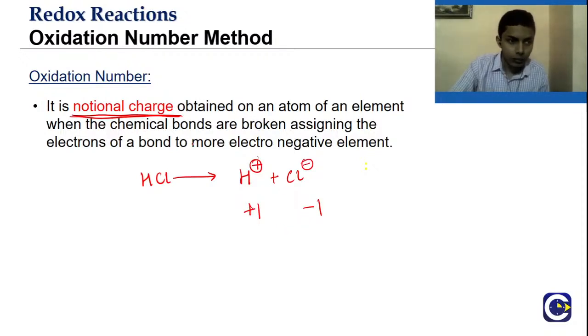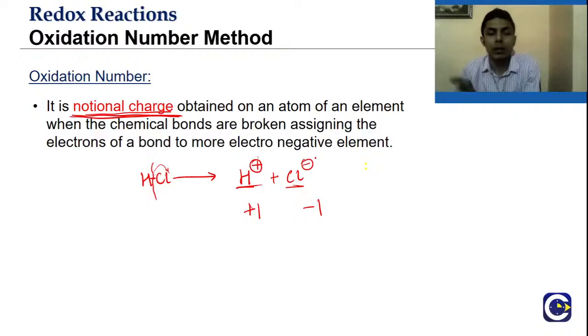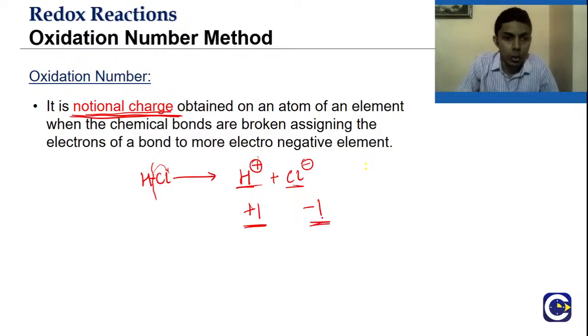Got it? It is the notional charge obtained on hydrogen as well as chlorine when the chemical bond between H and Cl is broken by assigning the electrons of the bond to the more electronegative atom. So the bond gets shifted to chlorine, so it goes to Cl−. That's why here the oxidation number will be +1, and here it will be −1.